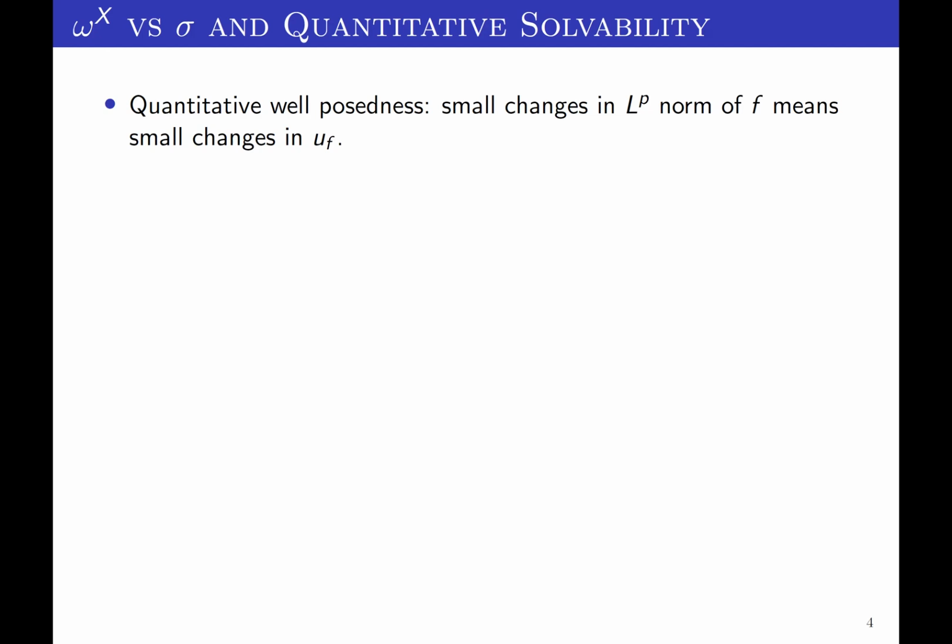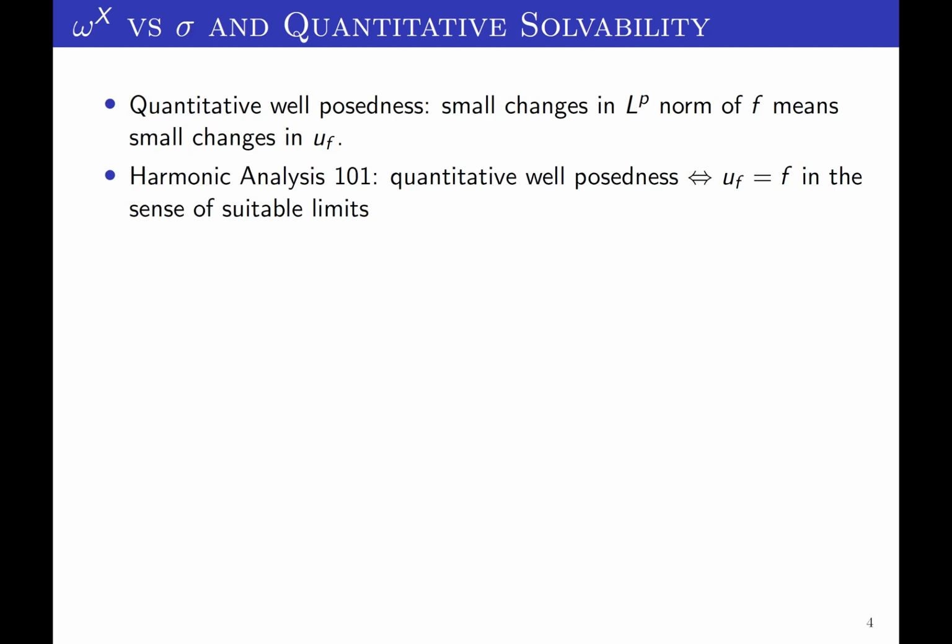Basically, the entire field of Fourier analysis is built around answering this question when p equals 2 on the disk. But if you don't have the disk, you can't separate variables, you can't use a Fourier series representation of the harmonic function, it becomes much more complicated. But quantitative well-posedness is important. If you care about applications, if you care about numerical simulations, or even just from a pure theoretical mathematics perspective.